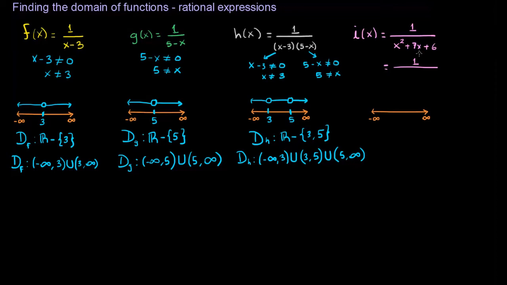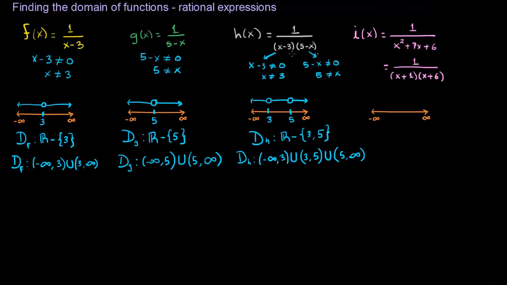So this x squared plus 7 times x plus 6 can be split like this: x plus 1 times x plus 6. That gives x squared plus 6 times x, plus 1x makes x squared plus 7 times x, and this 1 times 6 is the last positive 6 here.